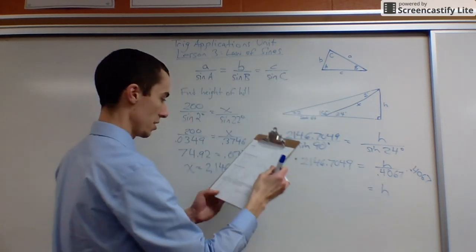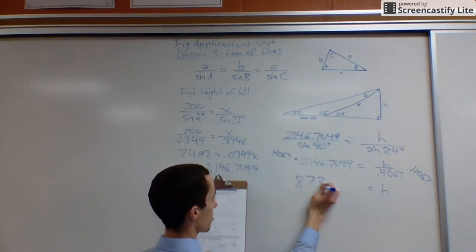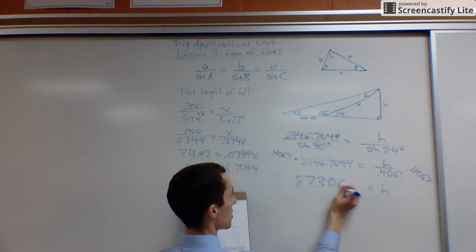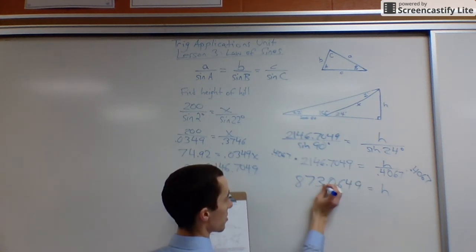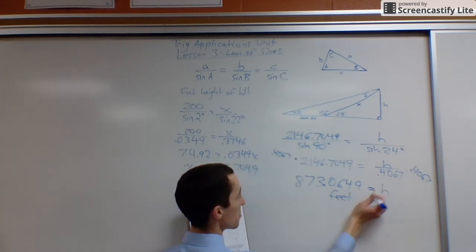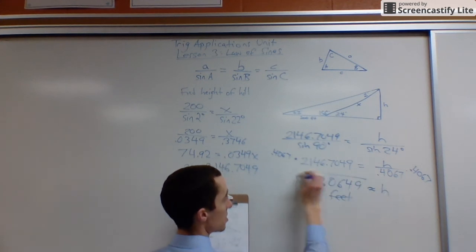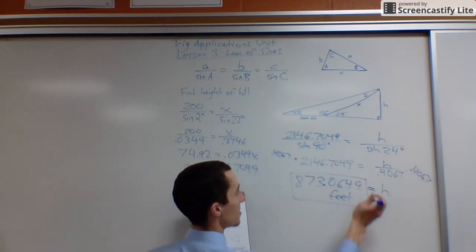And we get that the height of the hill is 873.0649 feet. Of course, that's approximate because we've been rounding, and I'd said to round to 4 decimal places. So there we go.